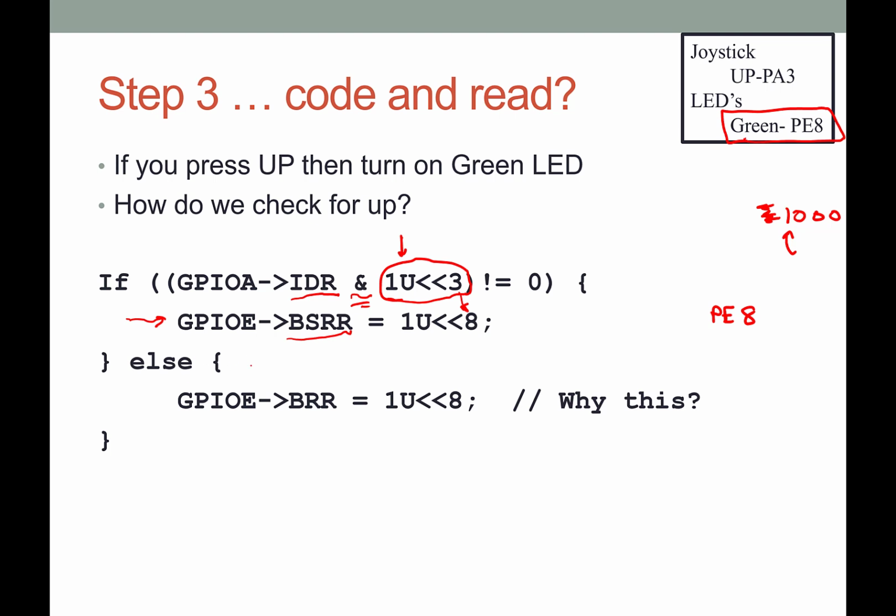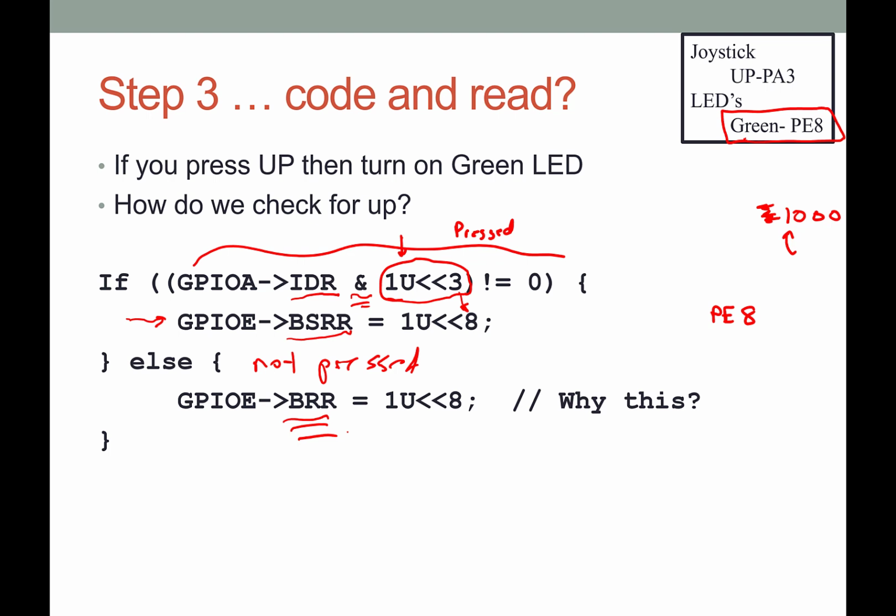Then we say else if it's not pressed. So basically this is saying if pressed, then do this stuff, else not pressed, turn the light back off. Because that's what this is doing. With BRR, it's resetting that line to 0. If we don't reset it, it's going to stay on once we turn it on.